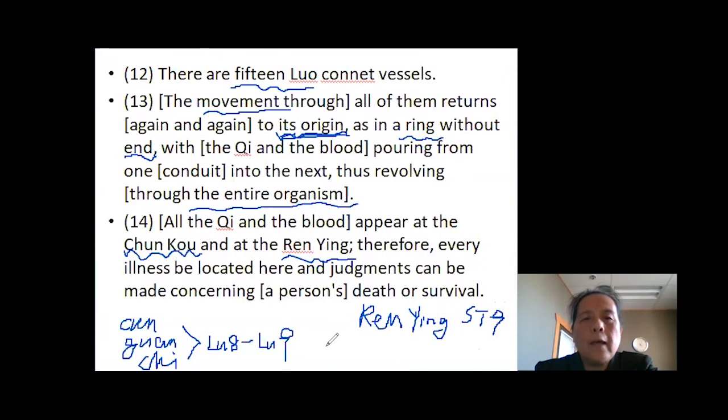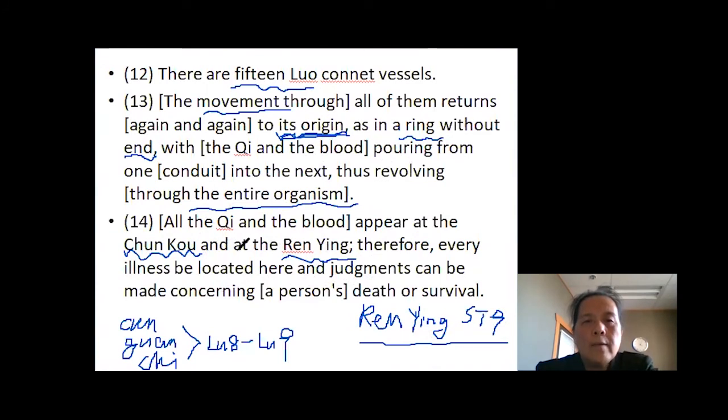Even though we don't commonly feel the 人迎 pulse now, in ancient Asian times people did. So qi and blood circulate all over the body, no start, no ending, passing through the 寸口 and 人迎.